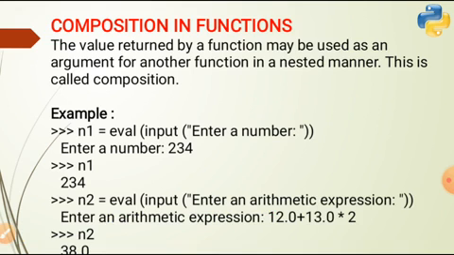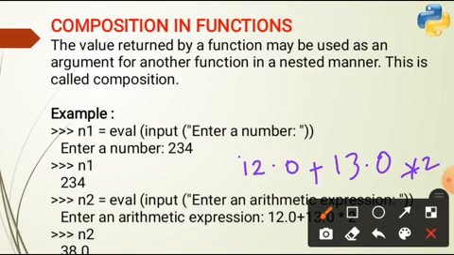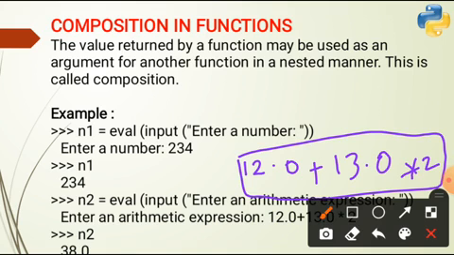Here the user enters the value 12.0 plus 13.0 into 2. It calculates the whole expression and produces the answer to n2, because there is a function named evaluate. So what is the answer?